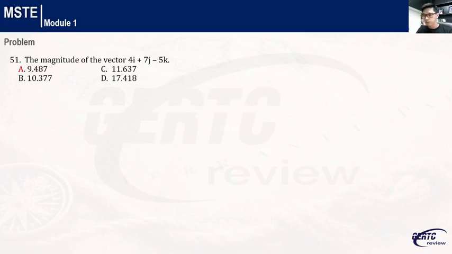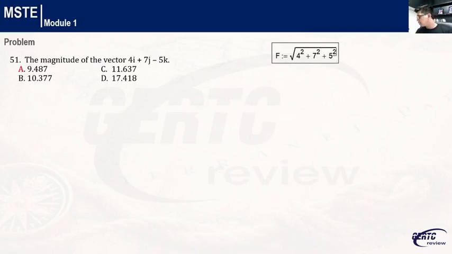Okay, so how do we solve this? Vector. Okay, so the magnitude, let us say F na lang, no? The magnitude of that is equivalent to just use the coefficients: 4 squared plus 7 squared plus 5 squared.